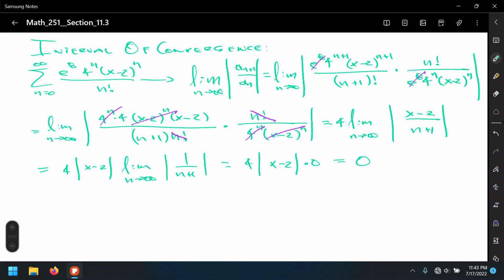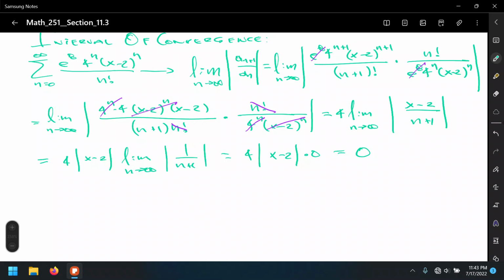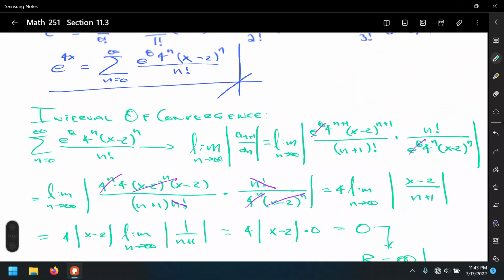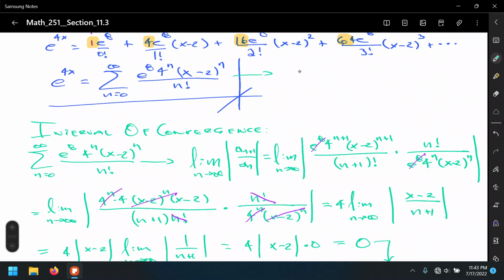Recall from the previous section that when you find the radius of convergence and the limit is 0, the radius is infinity. That means this series converges for all x, for the entire real number line.